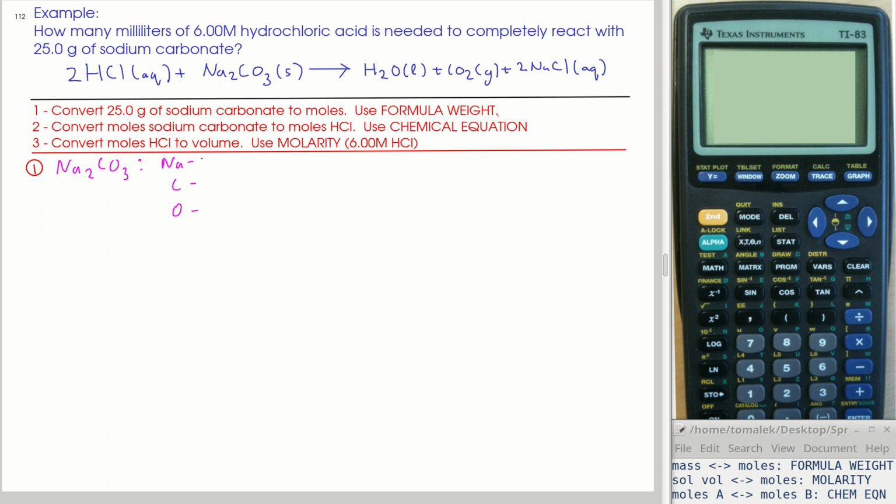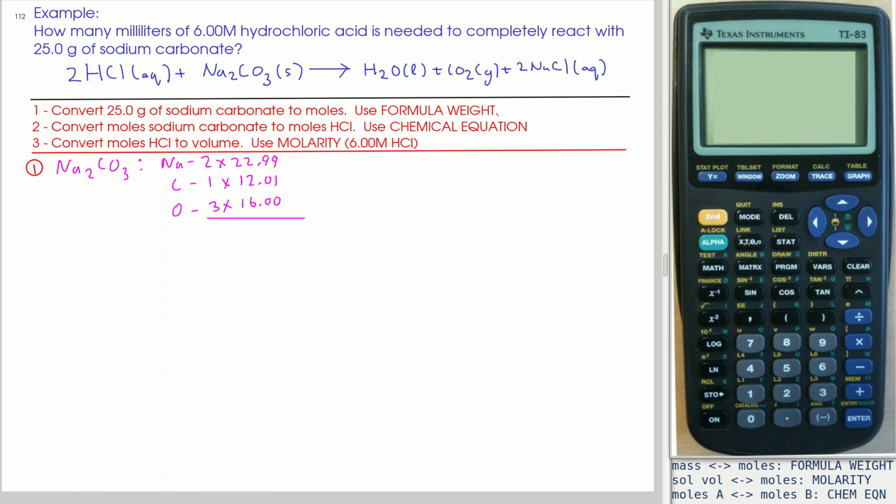Looking up sodium on the periodic table, there are 2 atoms of sodium in the formula. The atomic weight of sodium is 22.99. For carbon, there's 1 atom in that formula. According to the periodic table, the atomic weight of carbon is 12.01. For oxygen, there are 3 atoms, and the atomic weight of oxygen is 16.